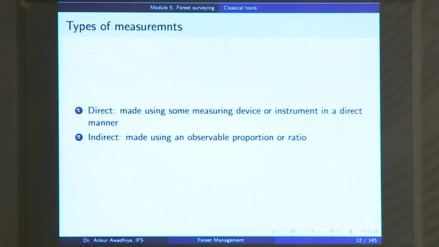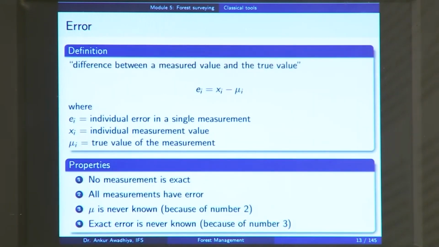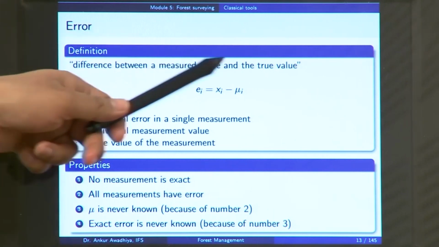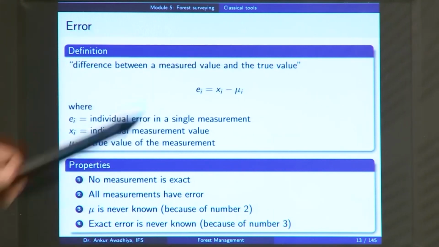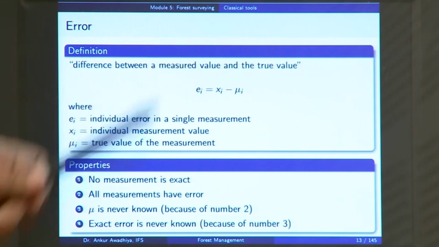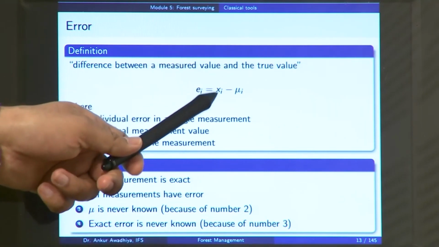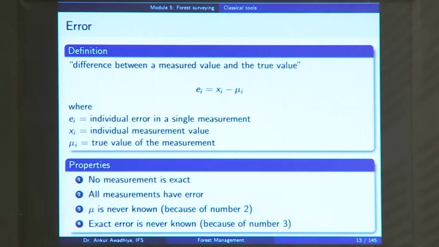Now, whenever we are doing any measurements, there will be certain amounts of errors, and an error is defined as the difference between a measured value and the true value. That is, E_i, which is the error, is equal to the measured value minus the real value or the true value.